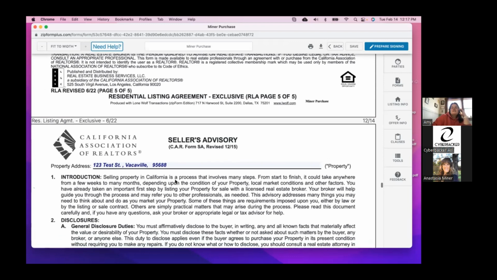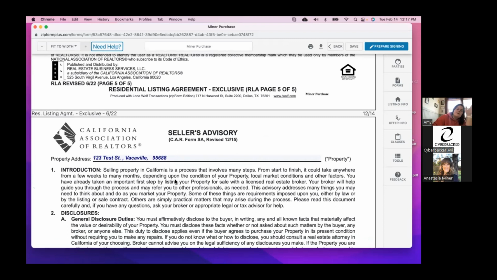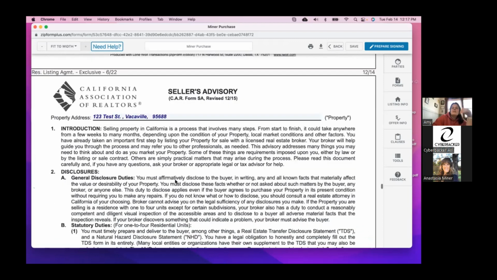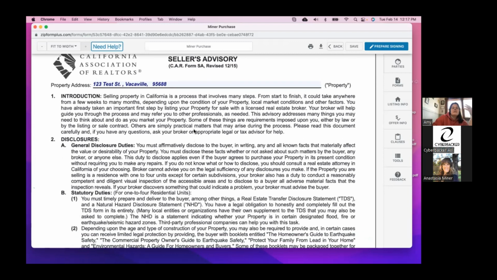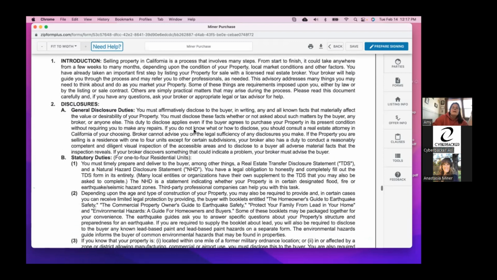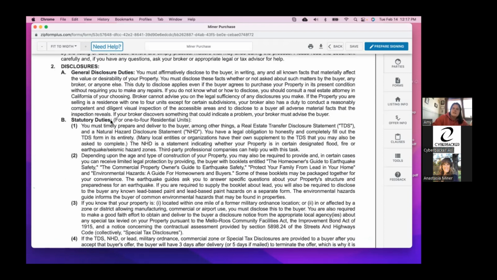In addition, just so everyone knows, in addition to the residential listing agreement and those seven forms that were above the listing agreement, there's also a couple below. The seller's advisory is one, which just talks about the seller's duties in their role in the transaction of selling the property when it comes to disclosures, right?